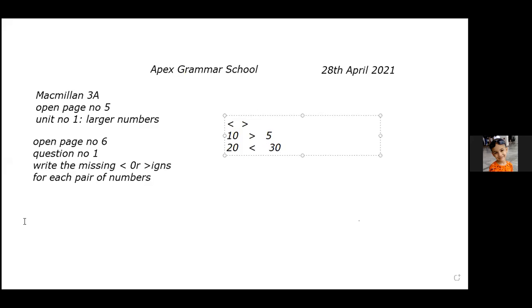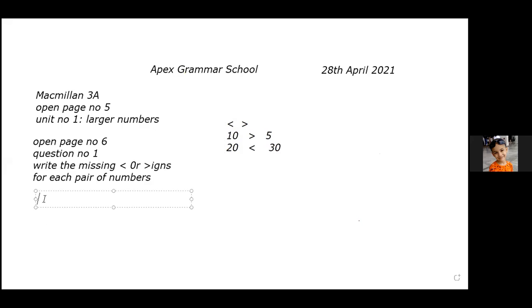Now come back to question number 1. What they are saying in question number 1: write the missing less or greater sign for each pair of numbers.